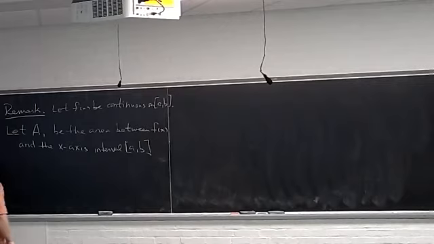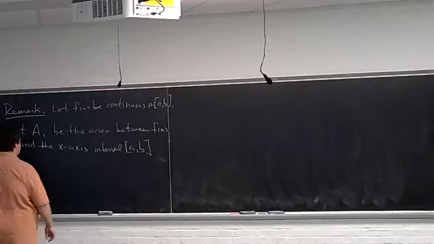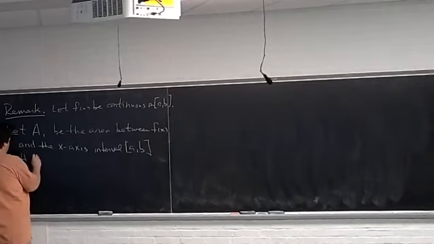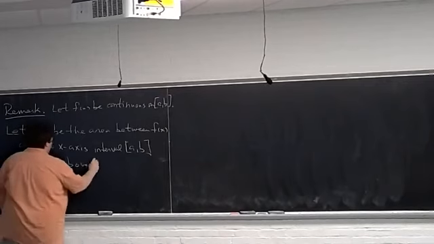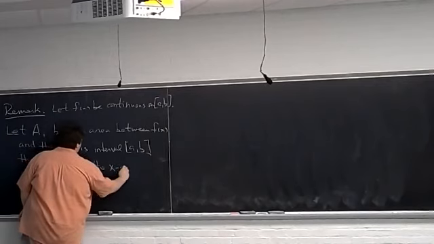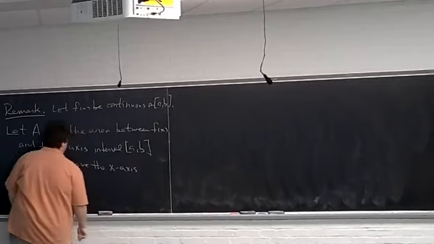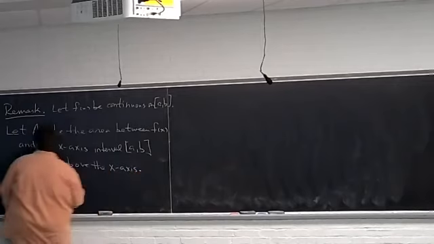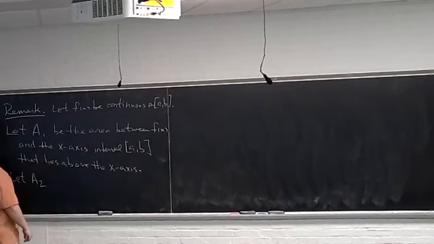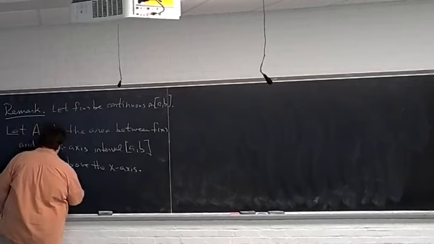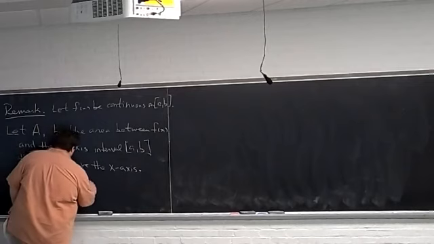Let A1 be the area between f of x and the x-axis, interval a to b, that lies above the x-axis. Here. Let A2 be the area between f of x and the x-axis, interval a to b, that lies below the x-axis. I'm just going to say lots of periods below.